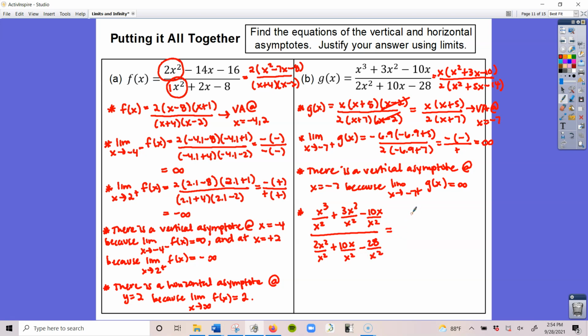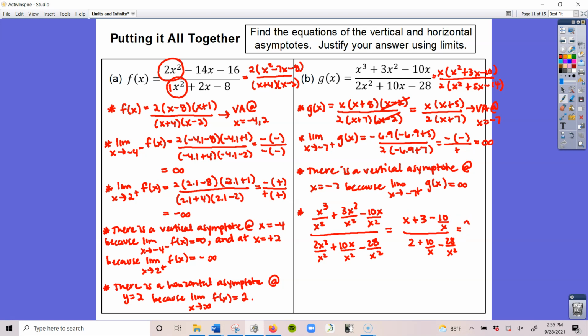Now we simplify. X cubed over x squared is x, plus 3 minus 10 over x, over 2 plus 10 over x minus 28 over x squared. Now we're going to go ahead and plug in infinity.